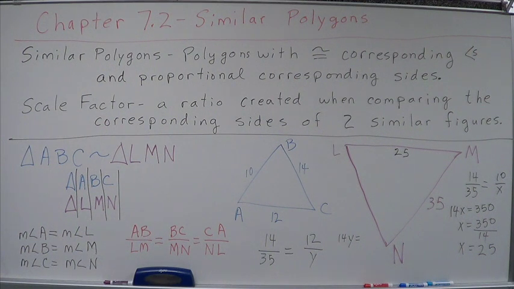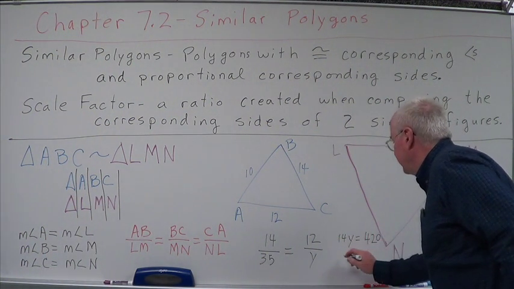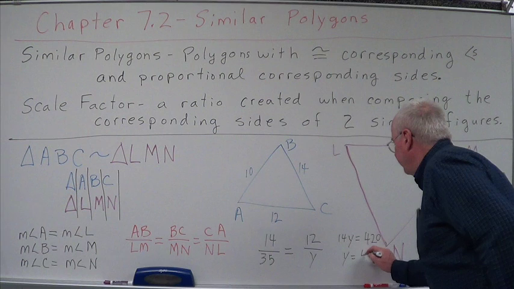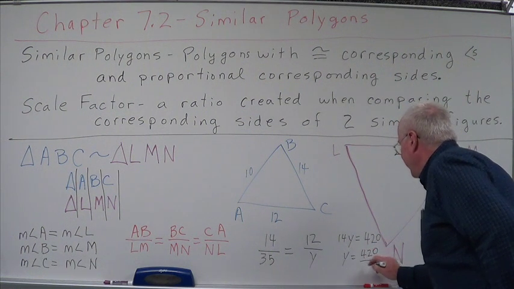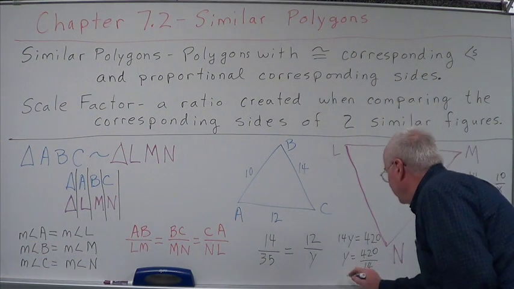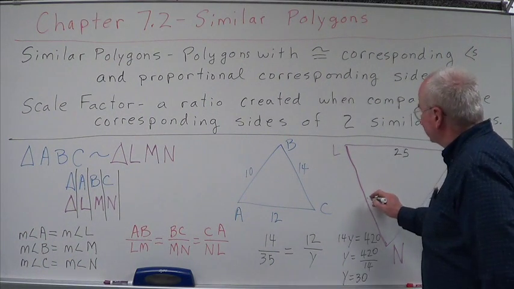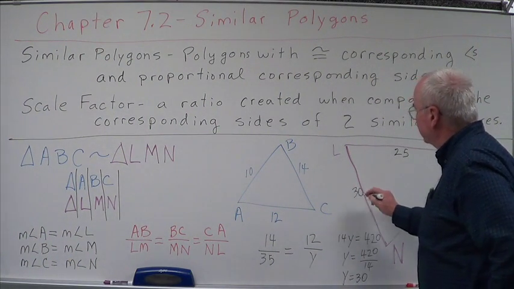Let's see, 12 times 35. 420. Y equals 420 divided by 14. Y equals 30. So that means this one right here is 30.